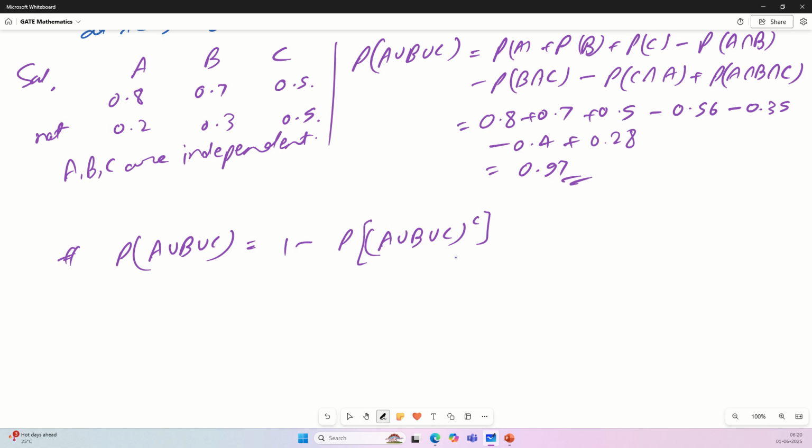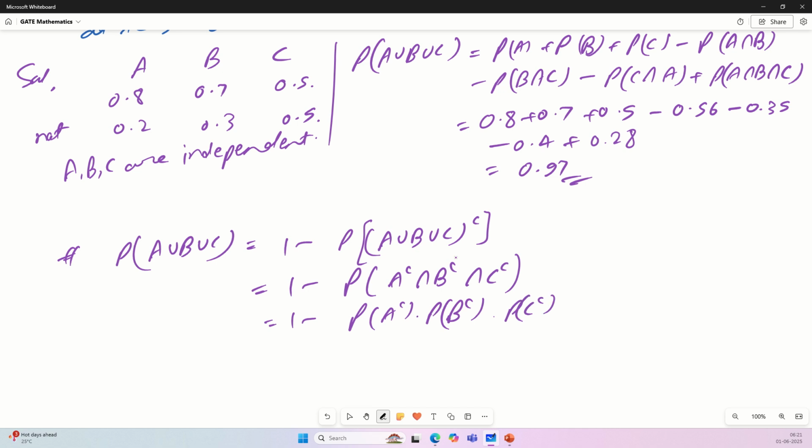And you know this, that A, B, C were independent. It means 1 minus probability of, this can be written as A complement intersection B complement intersection C complement. And since they are independent, I can write it down as 1 minus probability of A complement into probability of B complement into probability of C complement.